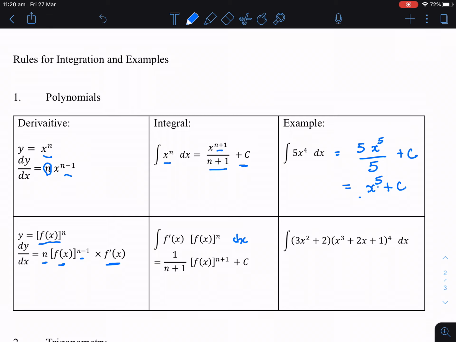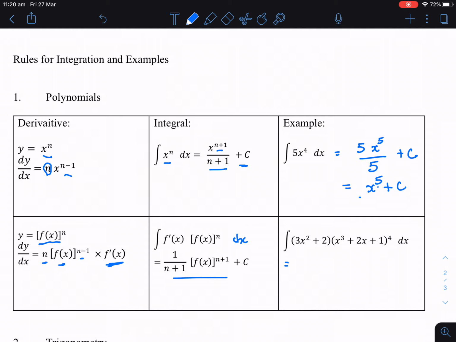So what that's going to give, again, is going to add 1 to the power and divide by the new power. And the derivative of the function of x actually gets absorbed back in, like it got created with the derivative, but we need the derivative there. This is a pretty rare case in the advanced course.